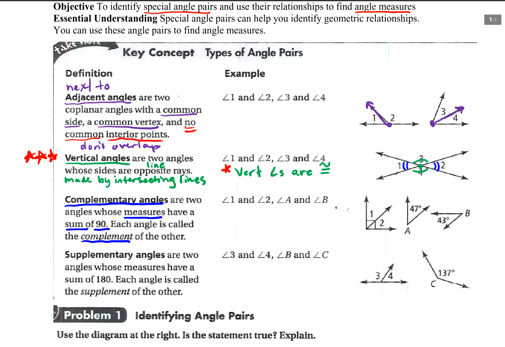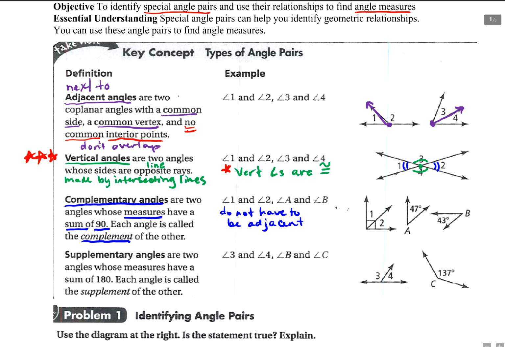Any two angles whose measures add to 90 degrees are complements. Now the thing to remember on these is they do not have to be adjacent. They don't have to be next to each other.